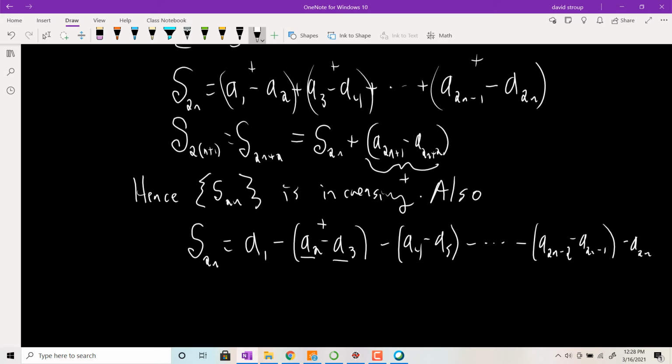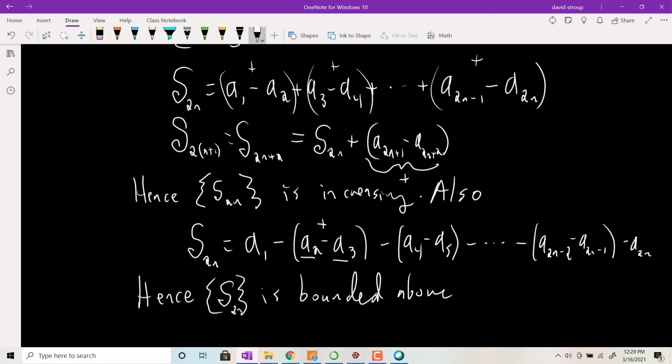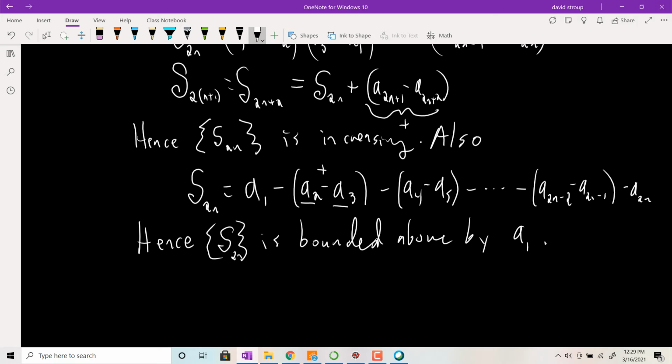In other words, the sequence of partial sums S sub 2n is bounded above by a sub 1. So the sequence of partial sums S sub 2n is increasing and bounded above.